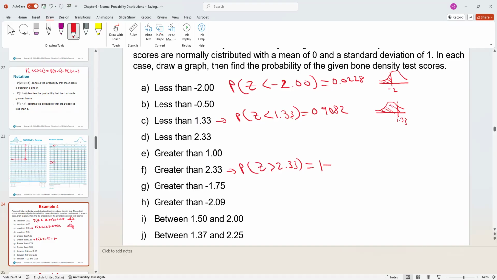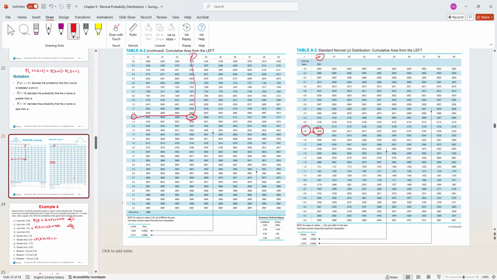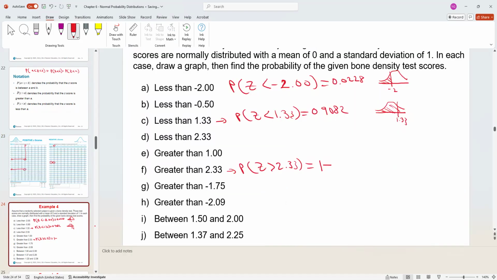But this one would be different because we are on the right. So 2.33: 2.2, 2.3, 3 is here: 0.9901. All you need to do for this is subtract from 1.